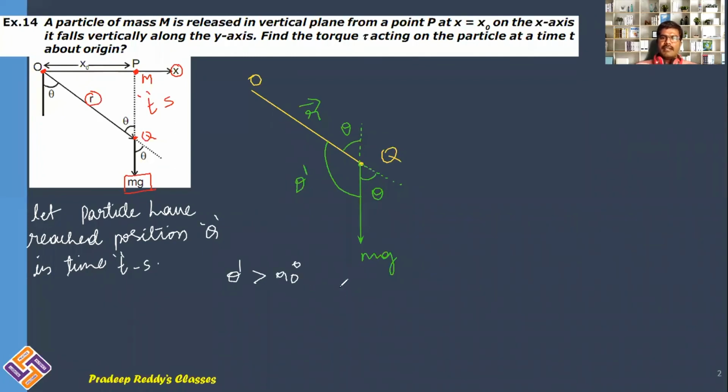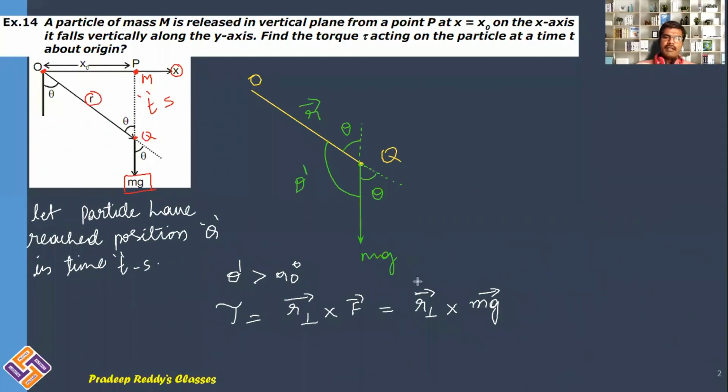As theta dash is greater than 90 degrees, you can calculate the torque tau equal to R perpendicular bar cross F bar, which is R perpendicular cross F, where F is mg acting in the downward direction.